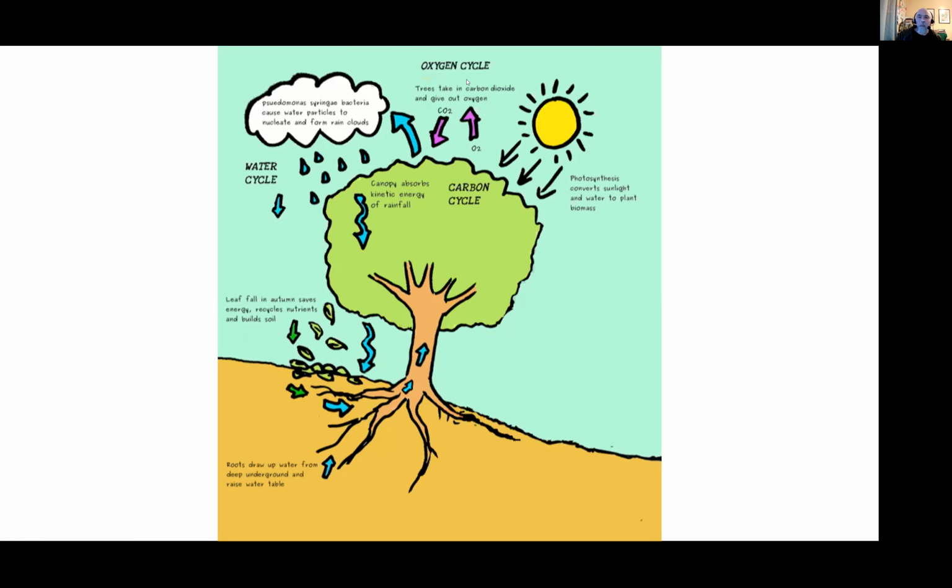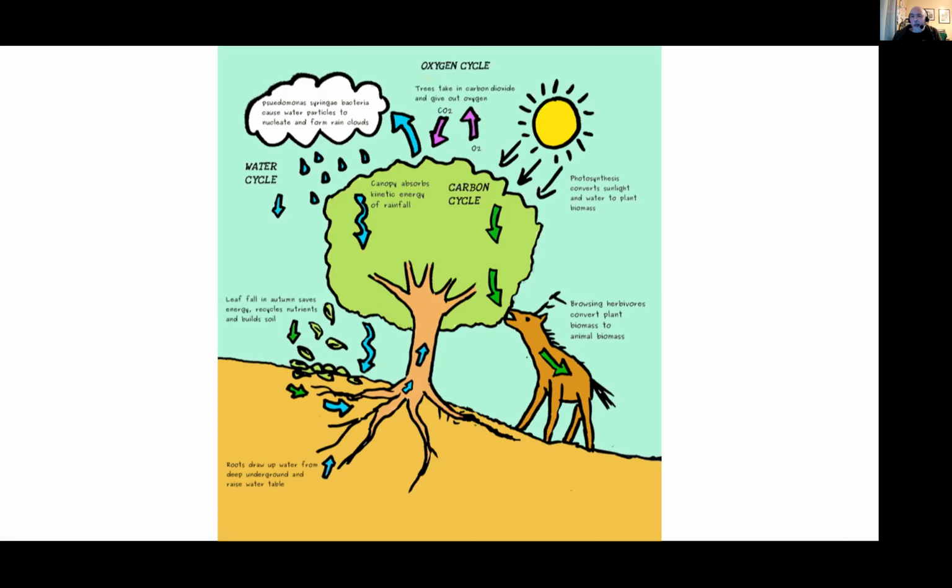So we've got the oxygen cycle going on as well there. But returning to our carbon cycle, through this process of photosynthesis, trees are able to manufacture their own food from sunlight, water and carbon dioxide, basically.